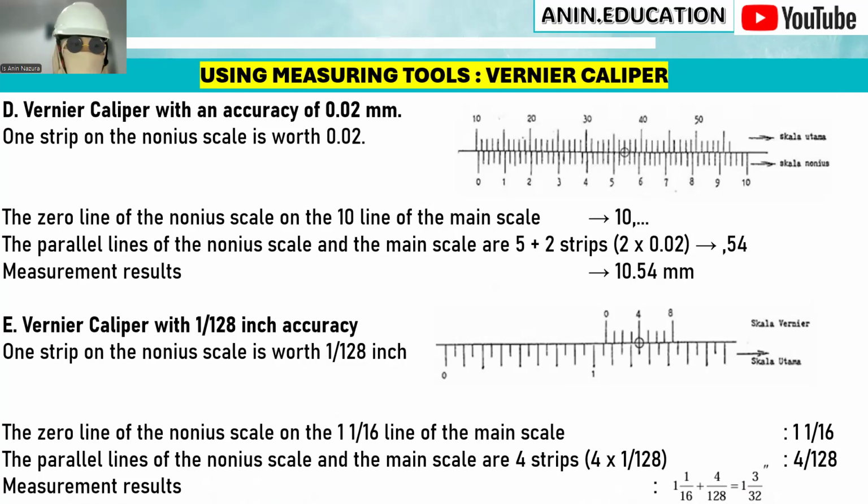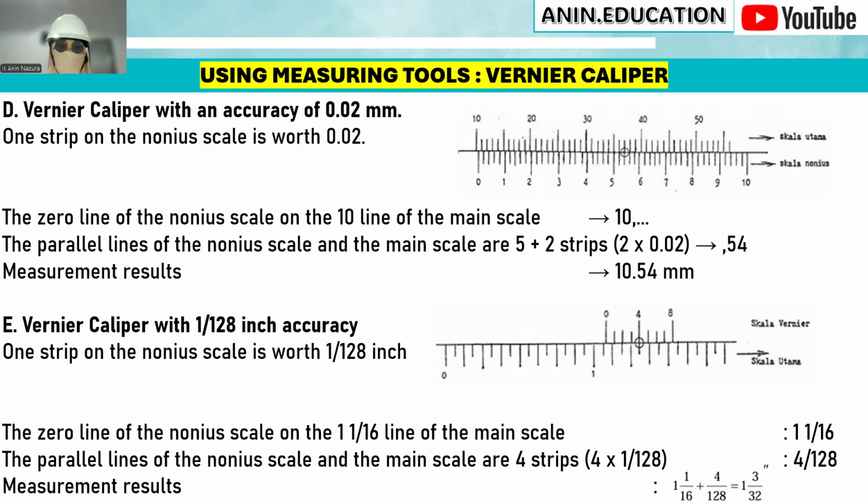10.54 millimeters. Vernier caliper with 1/128 inch accuracy, one strip of the nonius scale is worth 1/128 inch, and the zero line of the nonius scale is on the 1/16 line of the main scale.